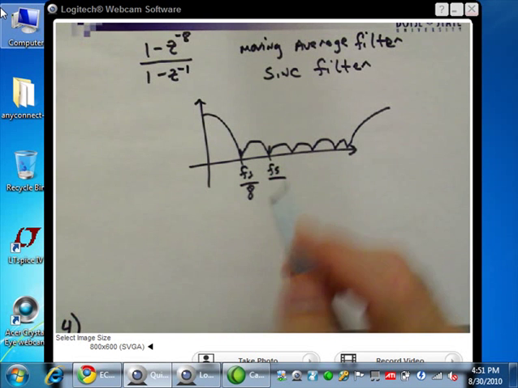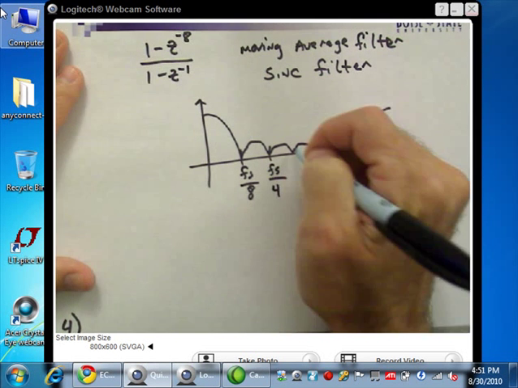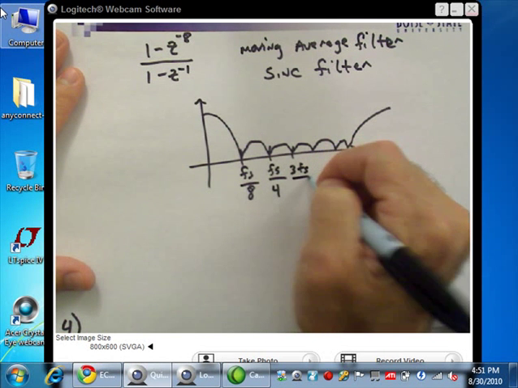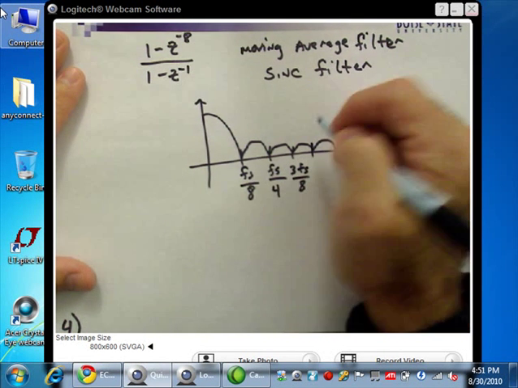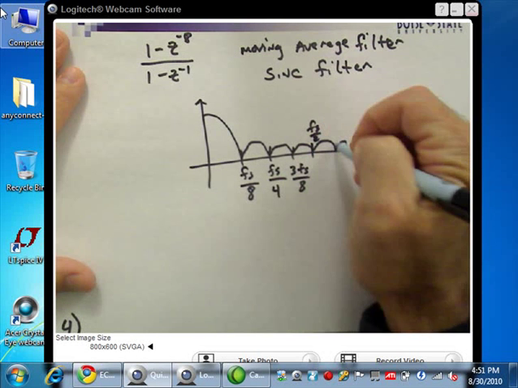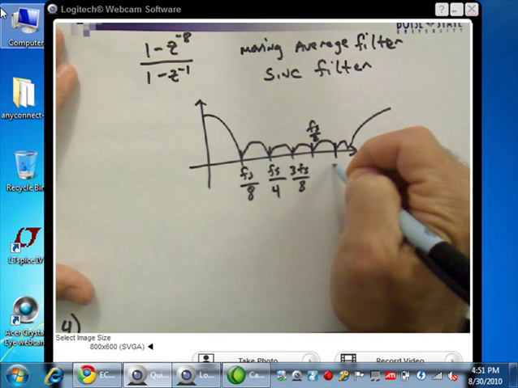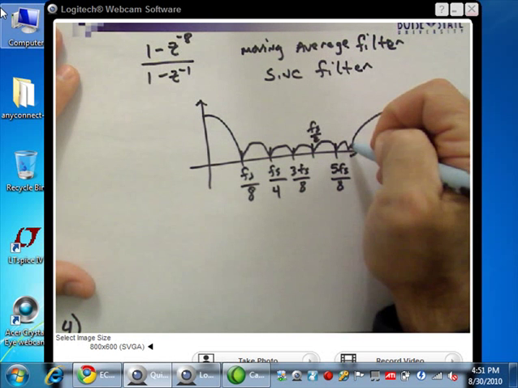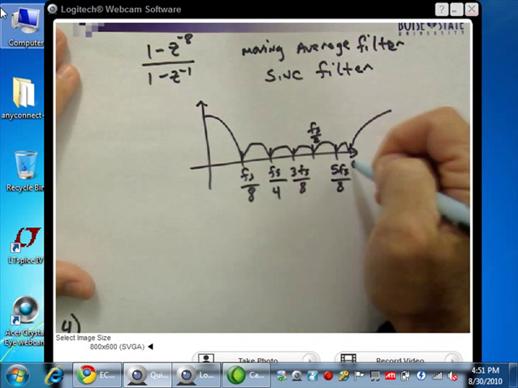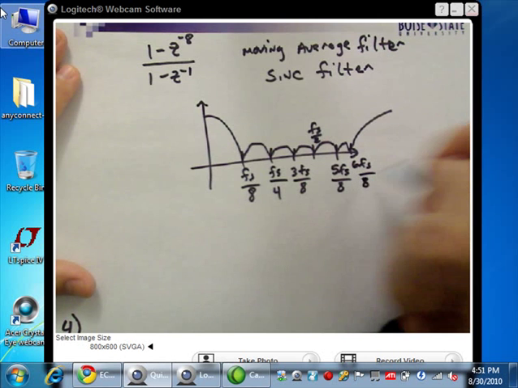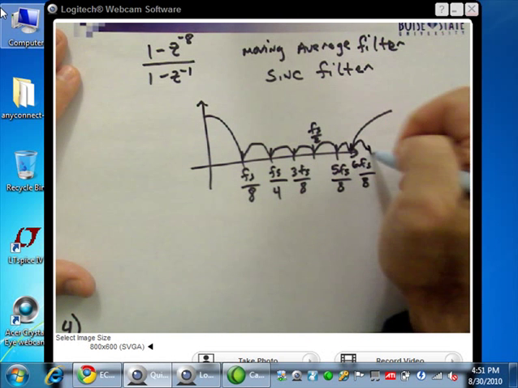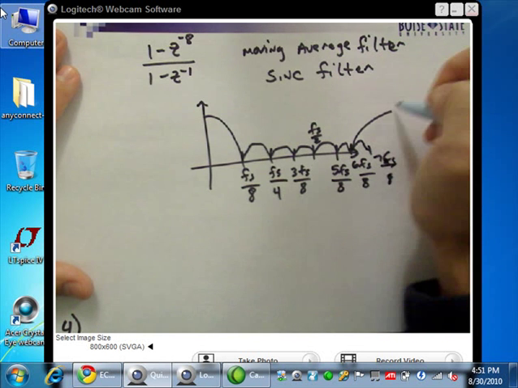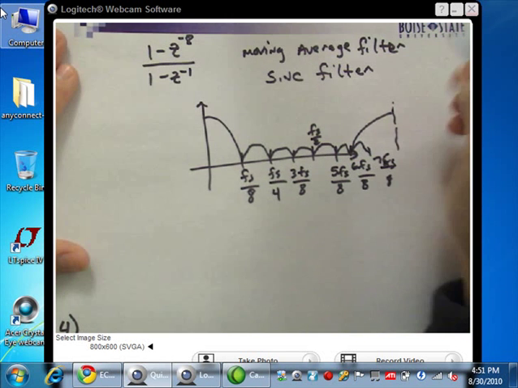All right, that's Fs over 4. This is 3 Fs over 8. This one is Fs over 2. That one is 5 Fs over 8. 6. Oh, I'm off. 6 Fs over 8. And then we need one more hump. 7 Fs over 8. And then this one occurs where? Fs.